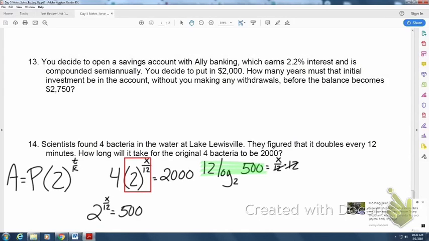And Dugan, whenever you figure out what that equals, let us know. Okay. So it would take a little over an hour and a half for it to go from 4 to 2,000.